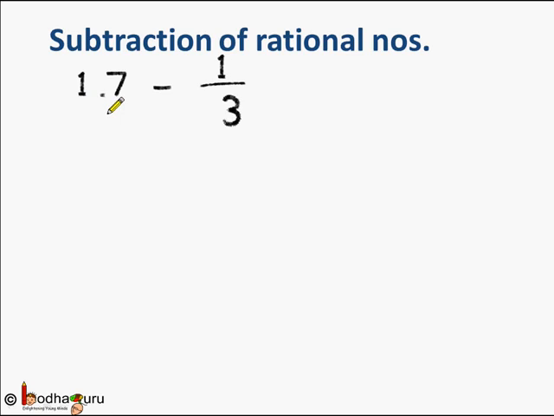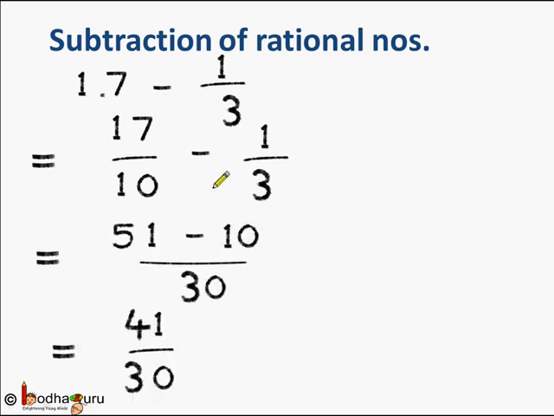Let us see. Here we have 1.7 minus 1 by 3. 1.7 can be written as 17 by 10. We remove this decimal, so in the denominator we get 10. So here we have 17 by 10 minus 1 by 3.